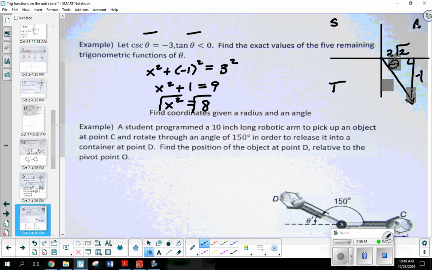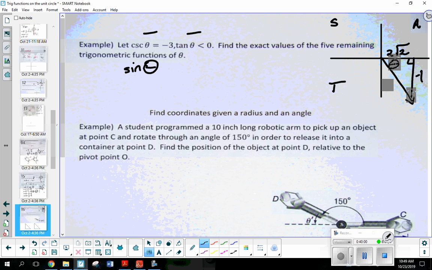Okay. Let's start with sine. Sine of theta. Well, remember that's y over r. Well, y is -1 over r, 3, so -1/3. And that makes sense because sine and cosecant are reciprocals, and -1/3 is the reciprocal of -3. Okay, let's look at cosine. Cosine is x over r. So Joshua, can you help me out with that one?